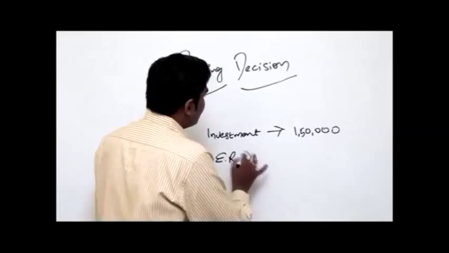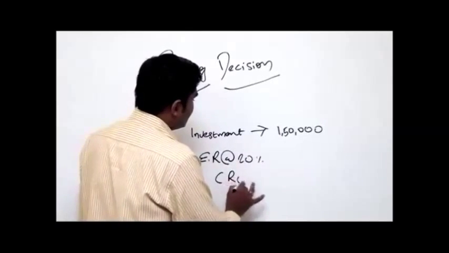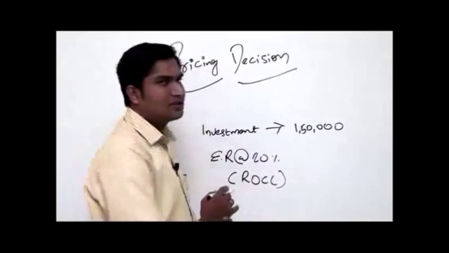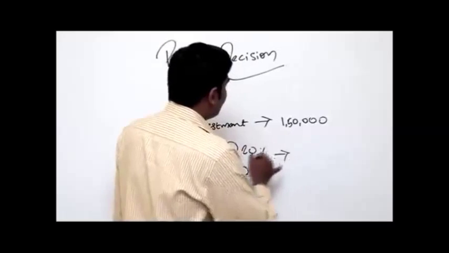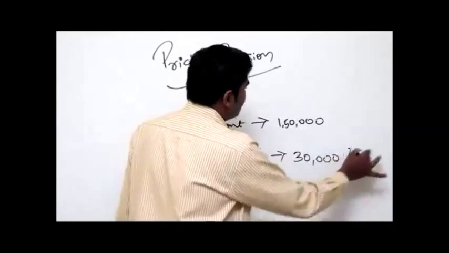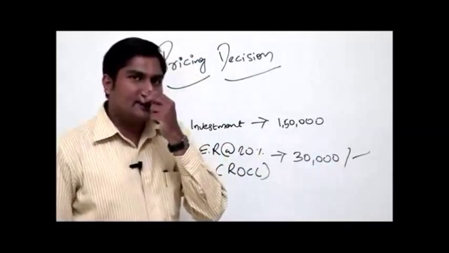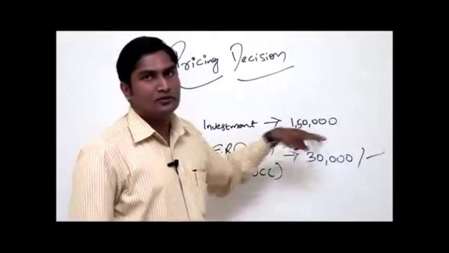This is the rate of return expected on capital employed. So 1,50,000 into 20% is 30,000 rupees. So rupees 30,000 is expected as profit by investing 1,50,000 rupees.